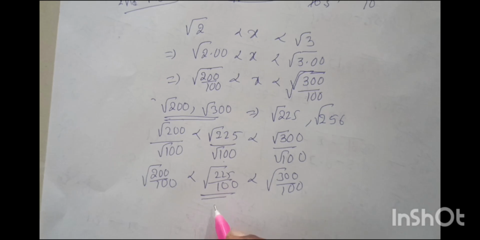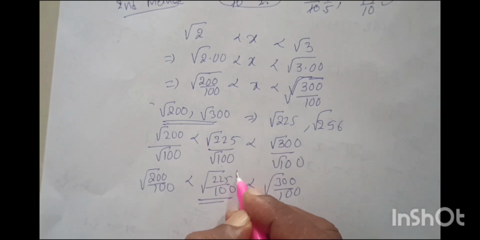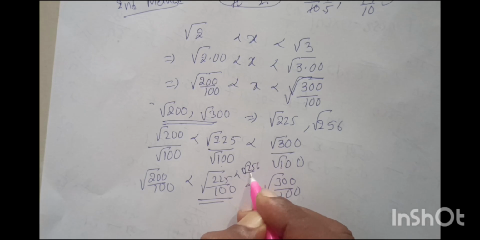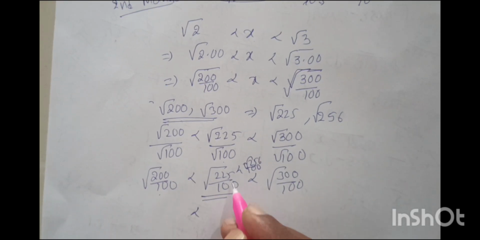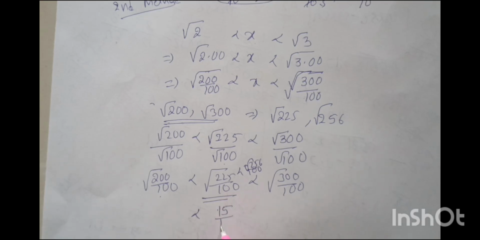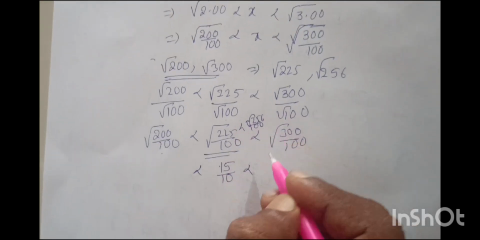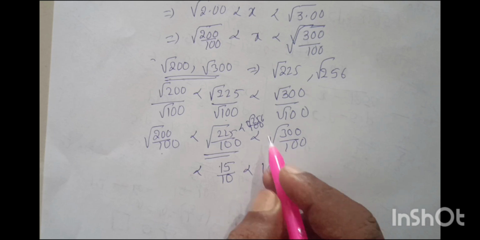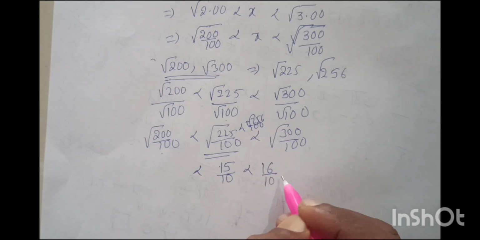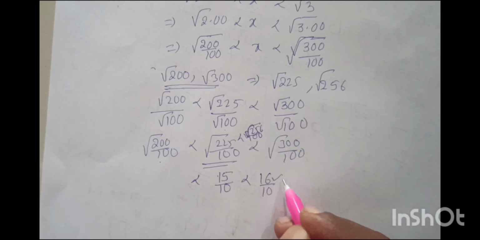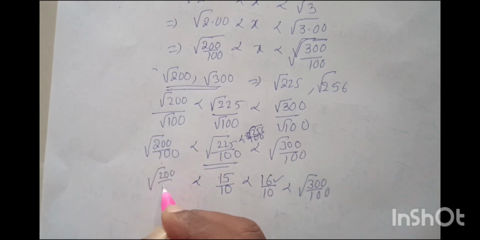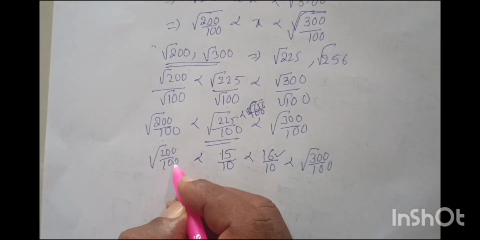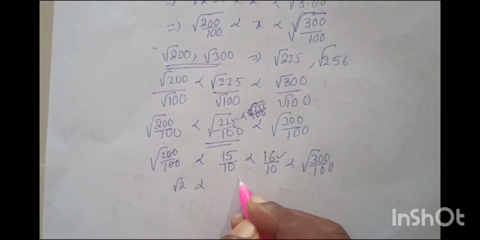Another number we have taken is √256/100. Now the root values: √225 means 15, √100 means 10, and √256 means 16. So these are less than √300/100, and this is √200/100, that is √2, less than the x value.